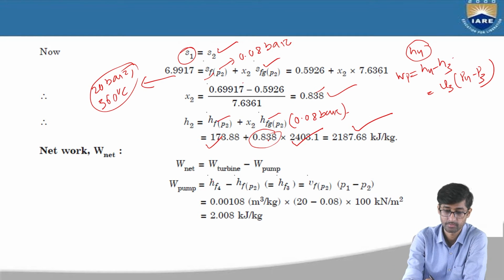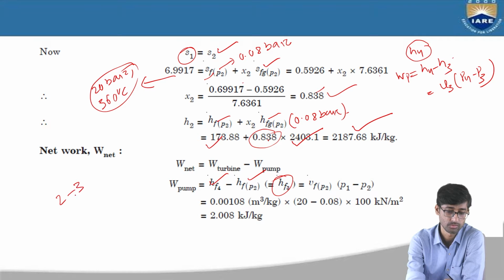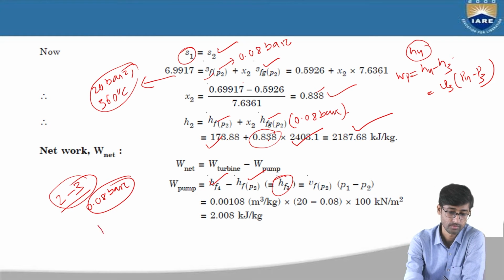That is written here, H4 minus H3. Because 2 to 3 is a condenser, this is at constant pressure, 0.08 bar. So P2 is equal to P3.